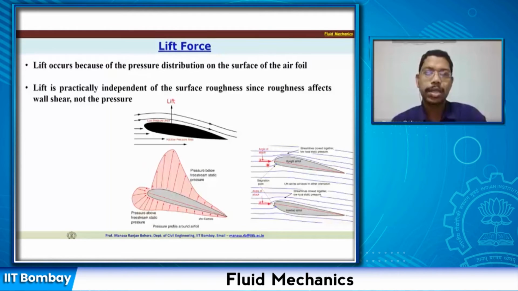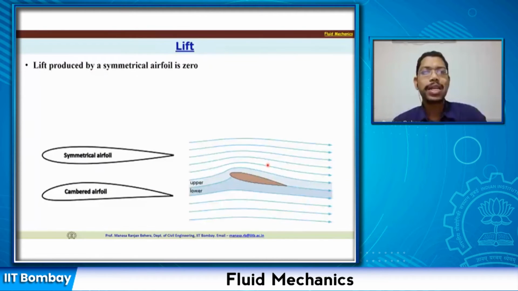All right. Now let us understand the lift produced. As I have already explained, for a symmetric airfoil the lift is going to be zero. Okay, so this is something you should be able to understand, whether it is real fluid flow or ideal fluid flow. When we talk about a symmetric airfoil, or symmetric body, the lift is going to be zero. Now in case of a cambered airfoil, there is going to be lift.